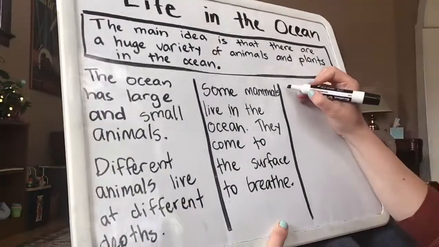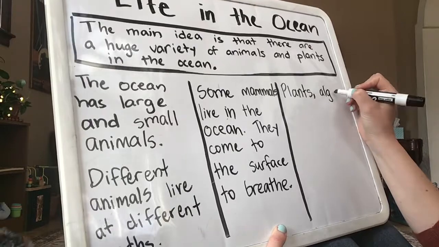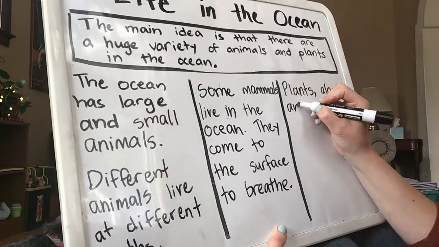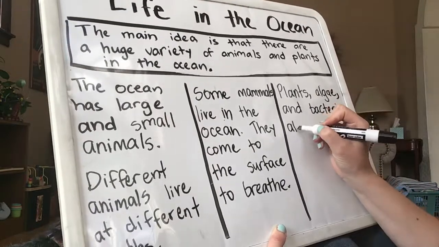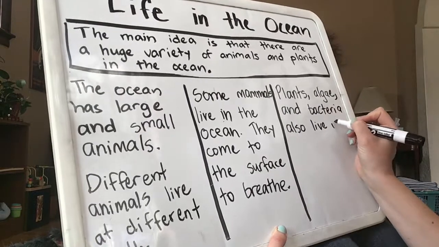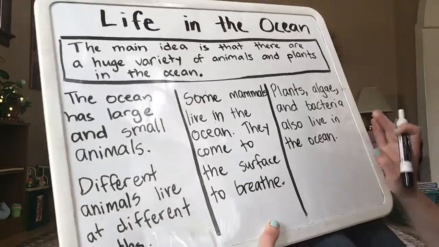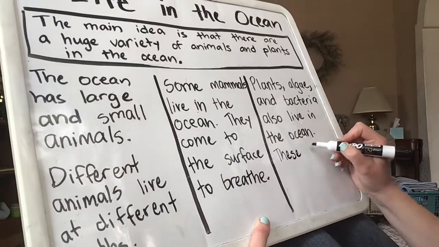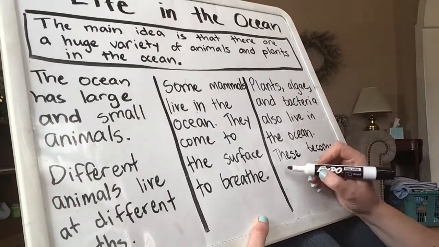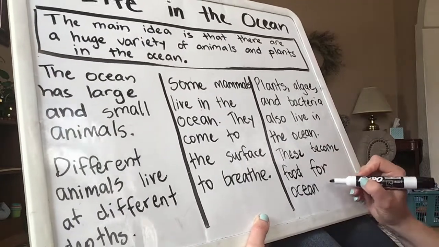So in this last section, I'm going to write down that plants, algae, and bacteria also live in the ocean. And since I have some room here, I'm also going to add that these become food for other animals. These become food for ocean animals.